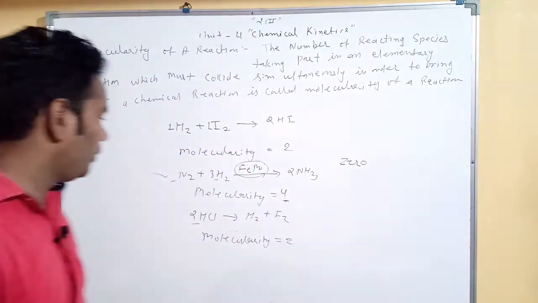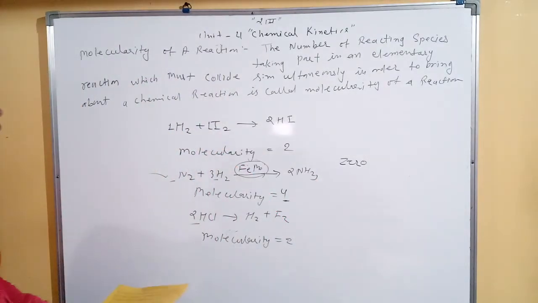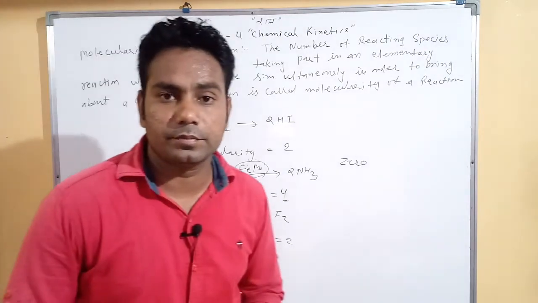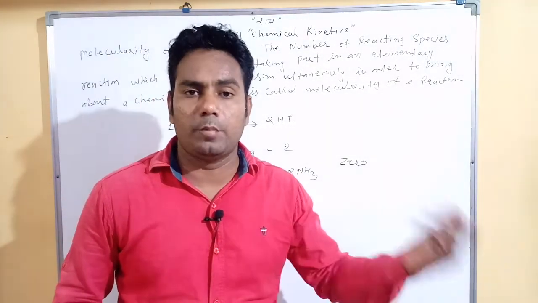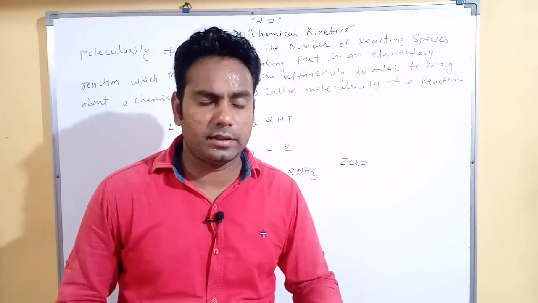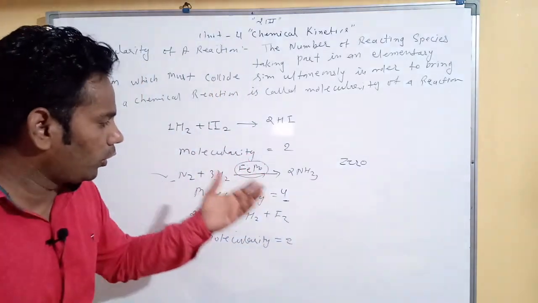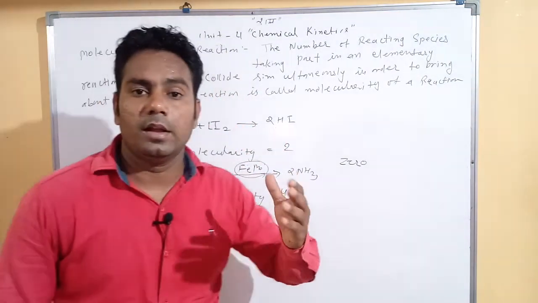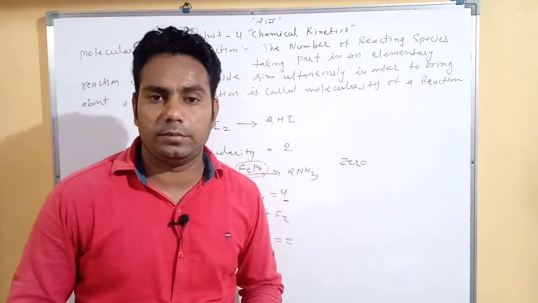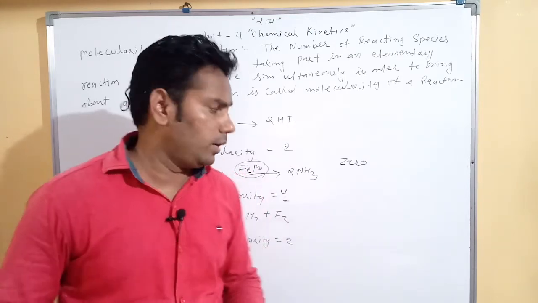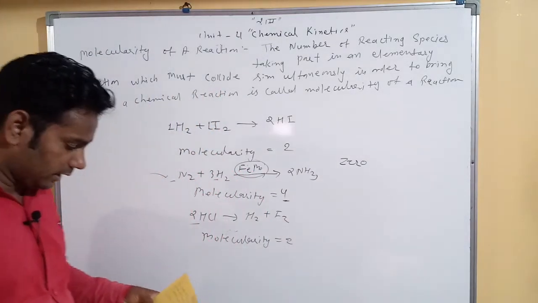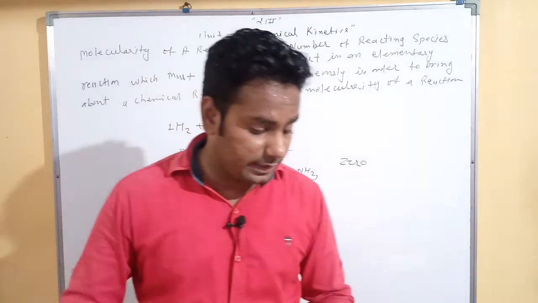The unit of molecularity depends on the concentration unit, like gram per mole, liter inverse, etc. But the order of reaction, the rate of reaction depends on K values. Some differences are there.